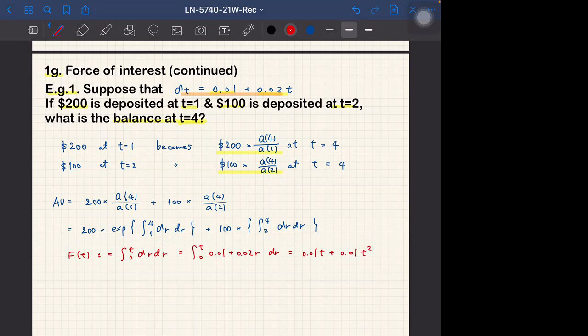Okay, so now we can use this to calculate these two integrals. Maybe we can put this in parentheses.